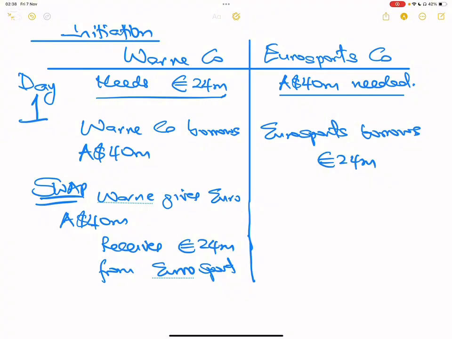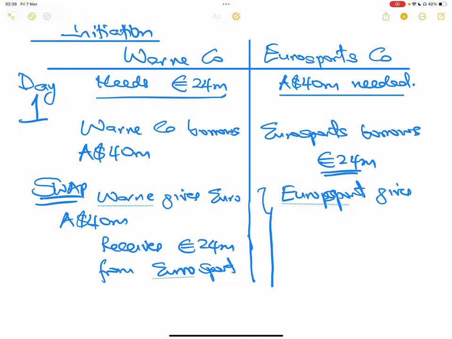Similarly, you have the same thing going on the other side because Eurospot will have to hand over this money to One Co. Gives 24 million euro to One Co. Yeah, that's this.